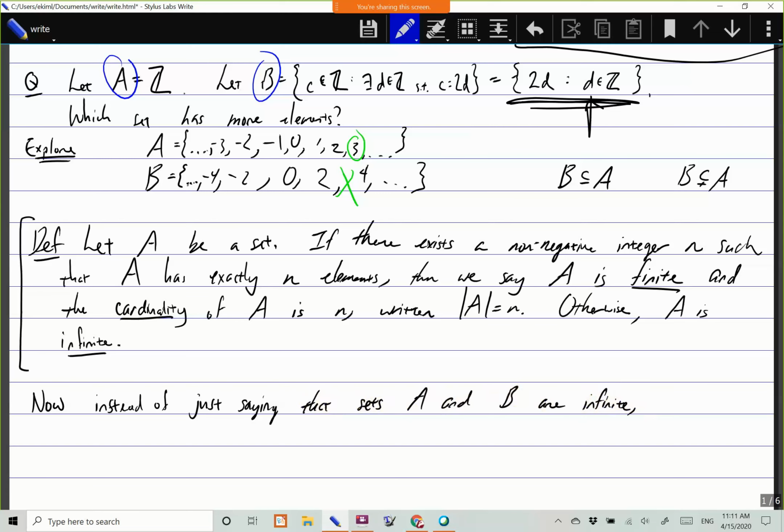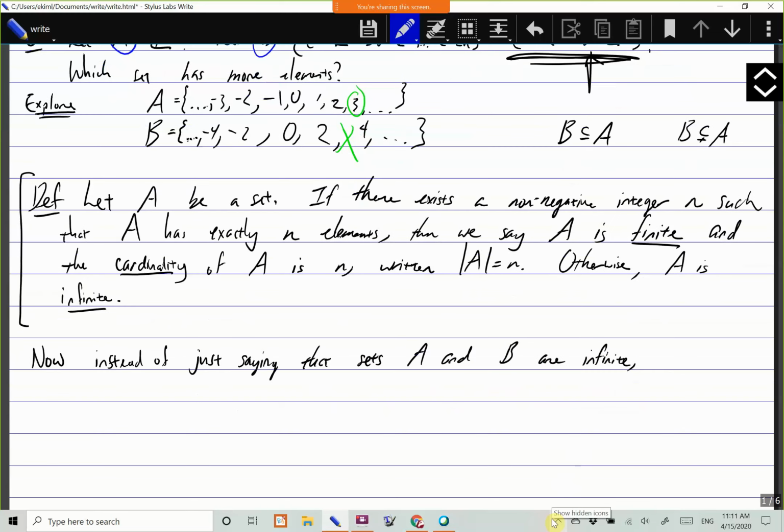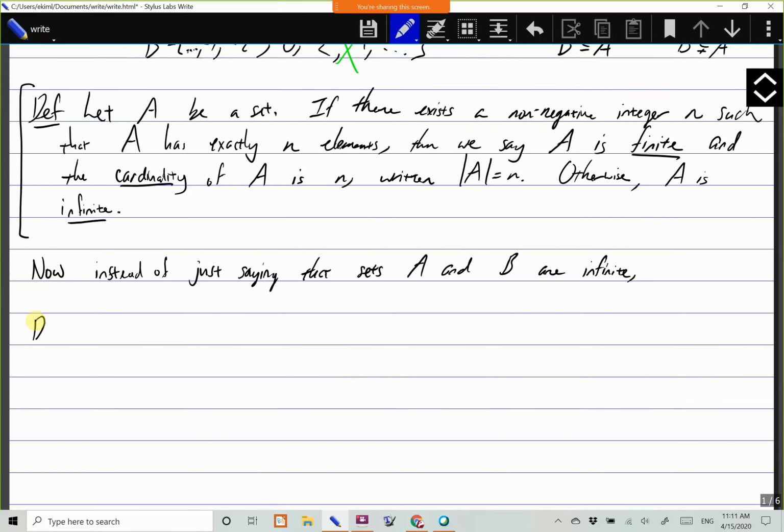And so here's the key definition. Chewing on this definition is going to take us today, tomorrow, Monday. This is an idea that's going to take us quite a lot of time to dig into.